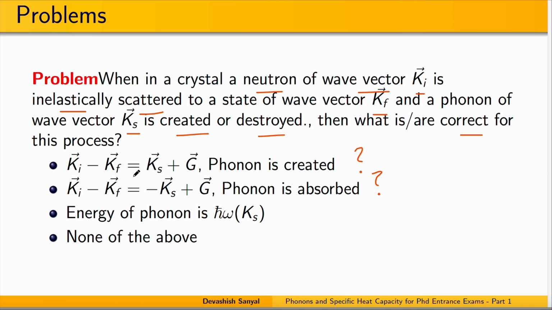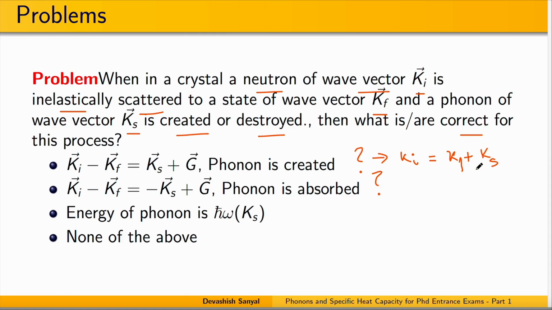So here this can be written as Ki is equal to Kf, the final momentum of the neutron, plus Ks.